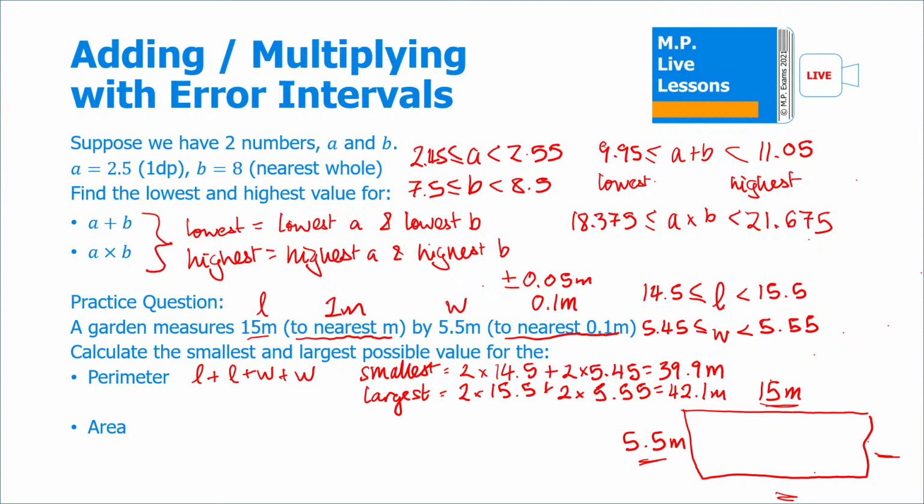meters. And if the area, it's something similar. So the area is the length times the width.